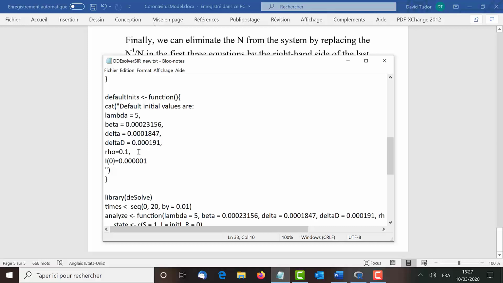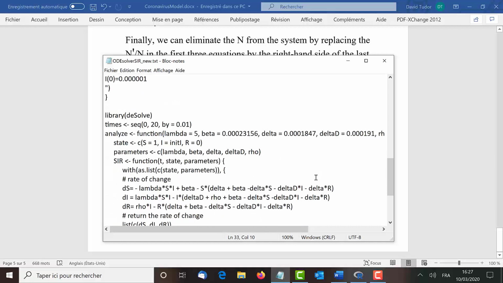Rho is the recovery rate. I've taken 10 weeks here. We'll be able to play with rho. Lambda and rho, I think, will be the 2 parameters that we'll play with mostly in order to see, not just play, but to see what the impacts are and see where we can have the most effect on trying to combat the disease.